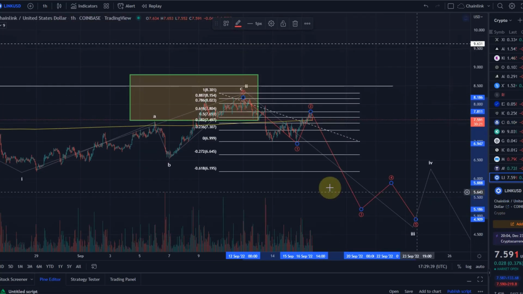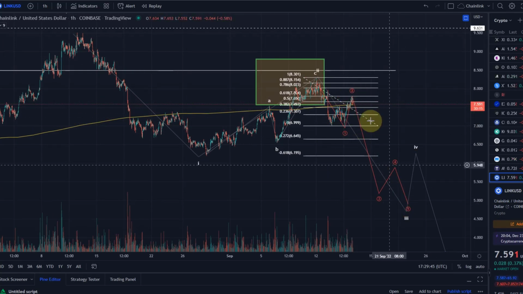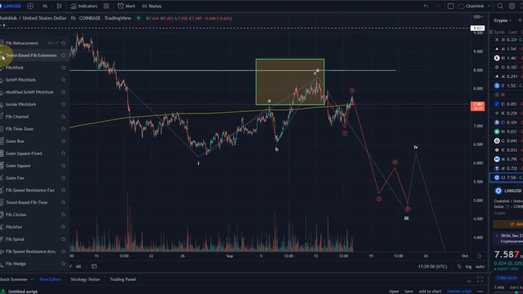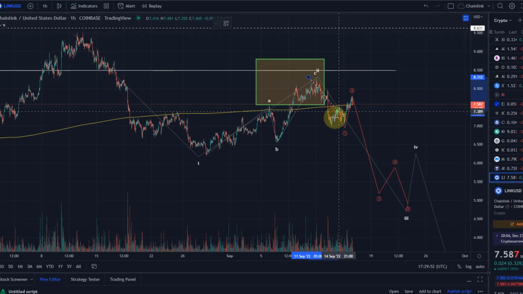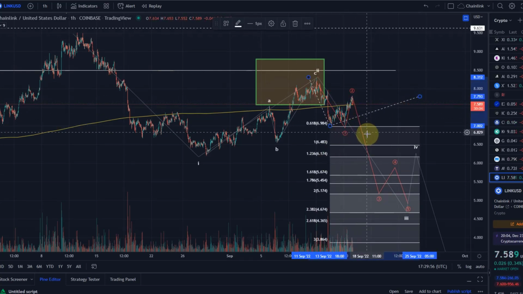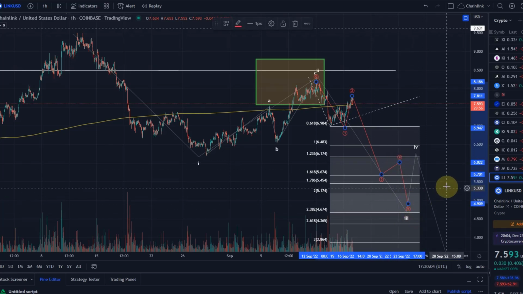My expectation is still, despite this move to the upside, which is a little bit different to what Bitcoin is doing today, despite that, I would expect a further continuation to the downside. And we can also calculate targets for that. We take the length of the wave 1. A target here for the wave 3 would be more in the region here of 5.67. Then a wave 4 to the upside, a wave 5 down.